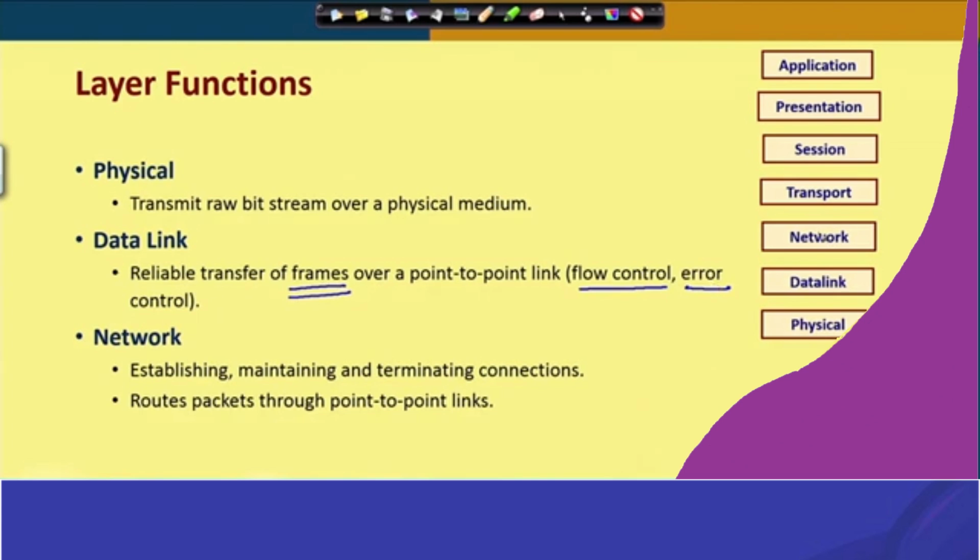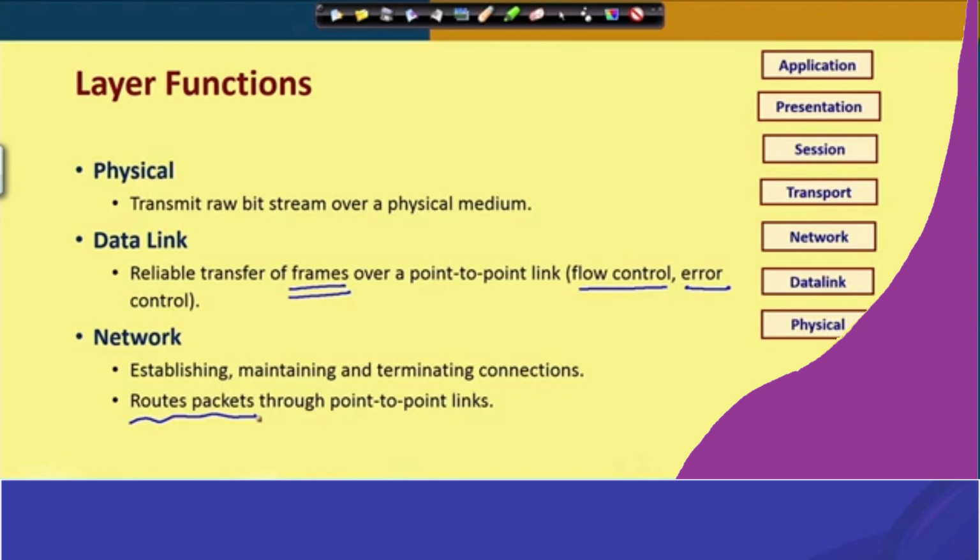Now, in the next higher layer, which is the network layer, here the packet routing or the transmission of the packets is the main concern, establishing, maintaining, terminating connections and routing packets. There may be several point to point links, but I want to transmit a packet from, let us say, myself to your computer, but there can be 100 intermediate computers.